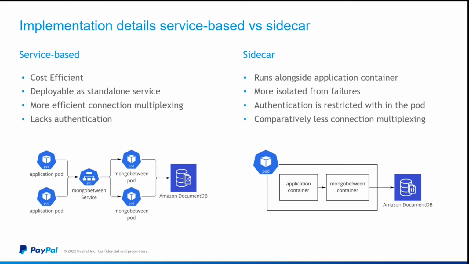So when application container wants to query DocumentDB, it connects to Mongobetween container. Mongobetween container relays that query by opening a connection to DocumentDB. And Mongobetween container does the connection multiplexing for all the incoming requests that it receives from the application container.